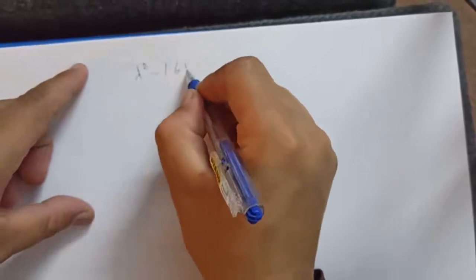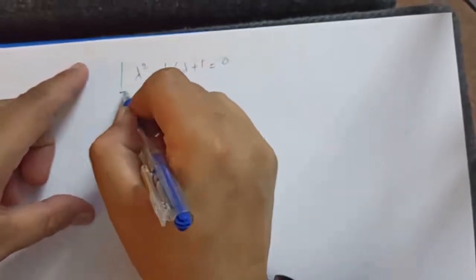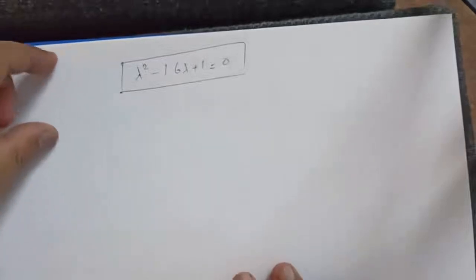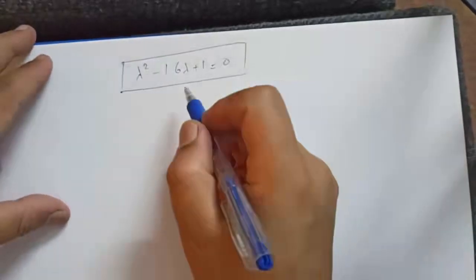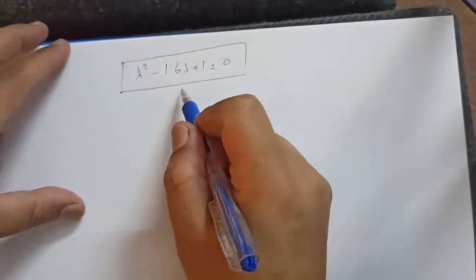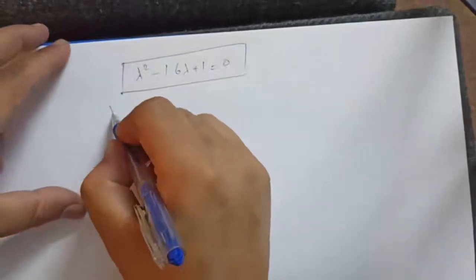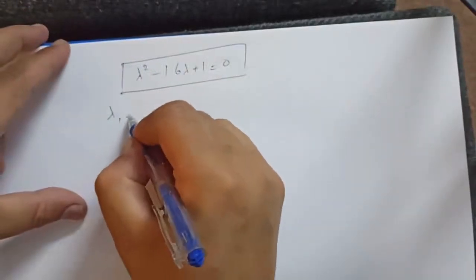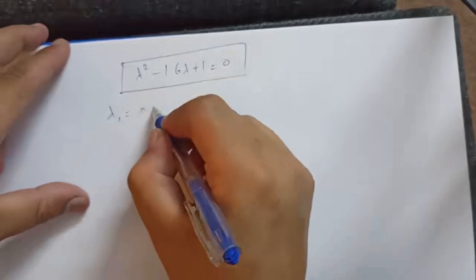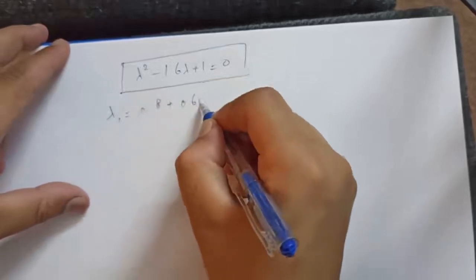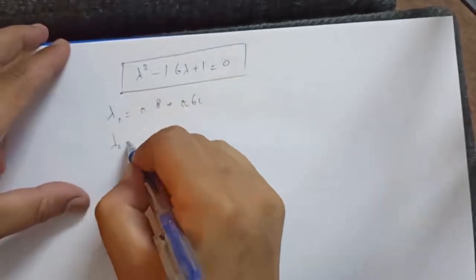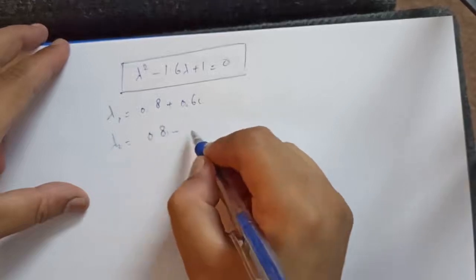It's given in the book, so I don't need to evaluate it over here. You get lambda squared minus 1.6 lambda plus 1 equals 0. So it's a quadratic equation. We can solve this quadratic equation by the formula, which gives lambda 1 equals 0.8 plus 0.6i, and lambda 2 equals 0.8 minus 0.6i.